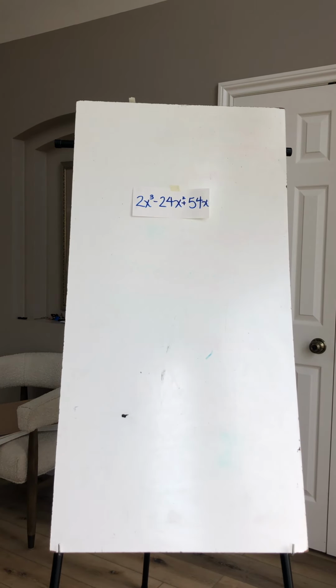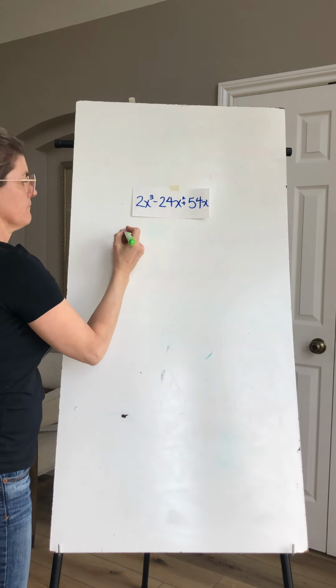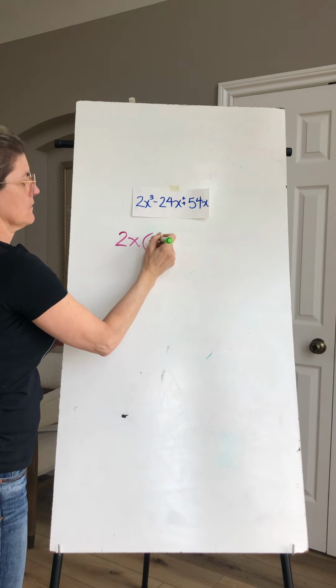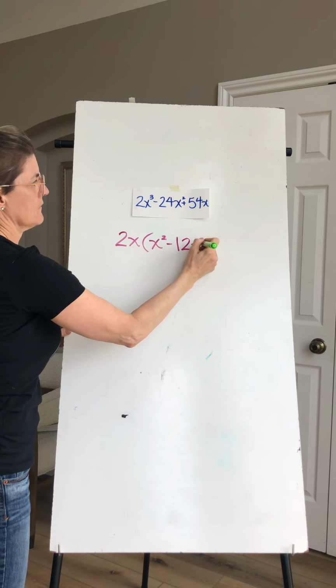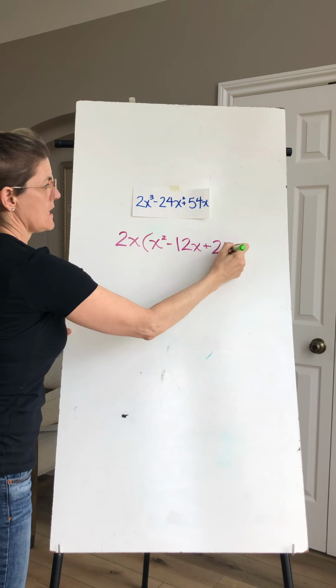Common factor. 2x times x squared minus 12x plus 27.